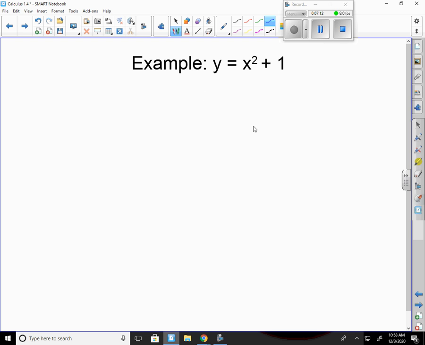So for an example, we're going to look at this to see if it's even or odd or neither, because that's always a possibility. And then we'll look at the graph to see what that means about symmetric about the y-axis and symmetric about the origin. So in order to tell whether this is an even function, from our last page we had f of negative x has to be equal to f of x, right?